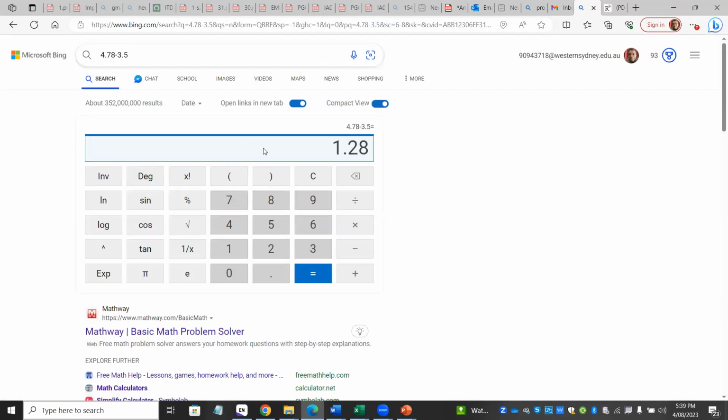So 1.28 divided by 3.5, which is quite significant, 36.57%. Yeah, significant.